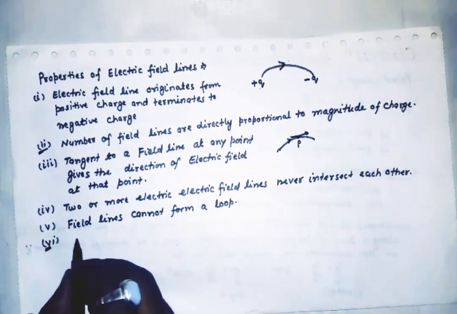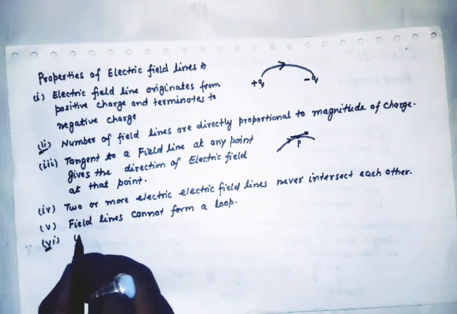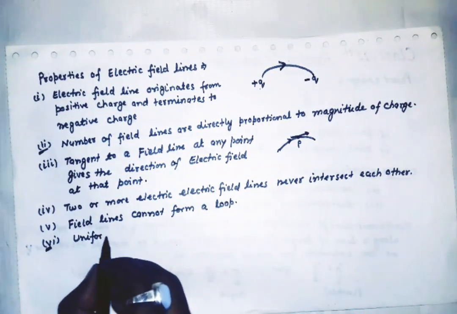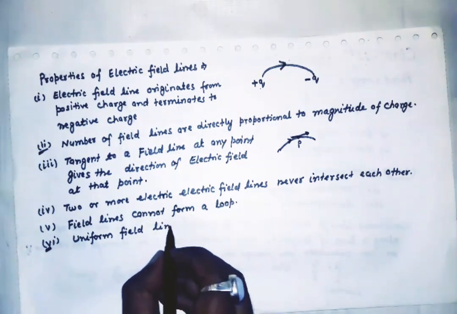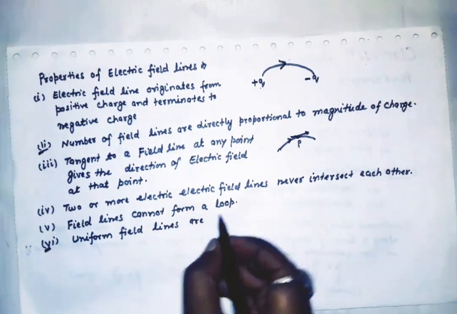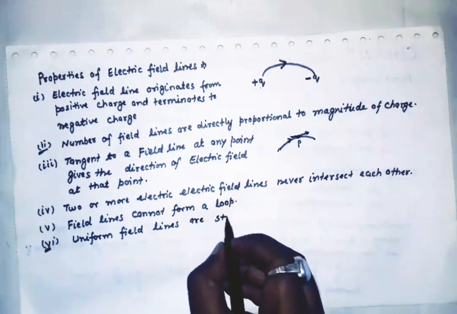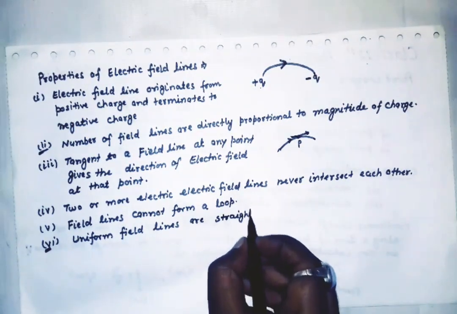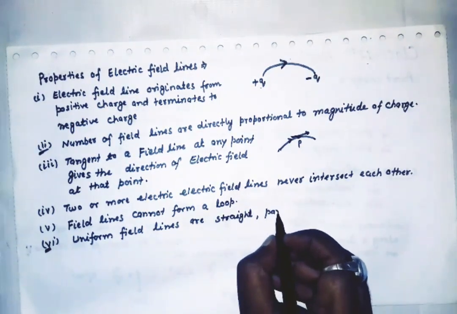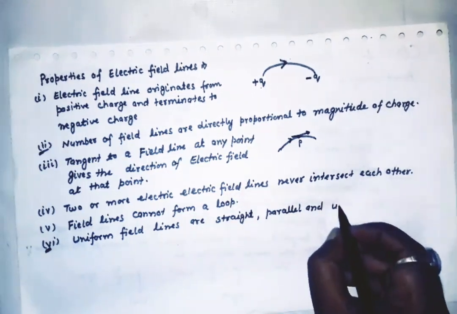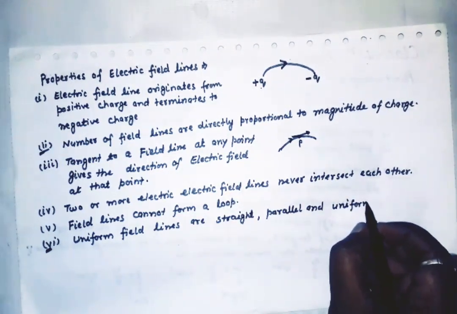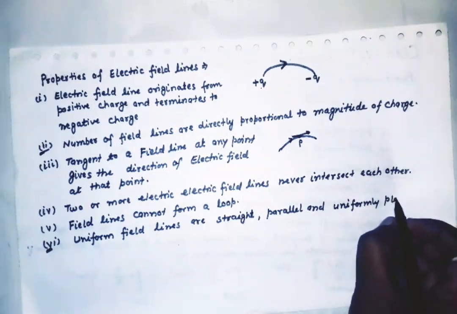Sixth rule is for uniform field lines. So uniform field lines are straight, parallel and uniformly placed.